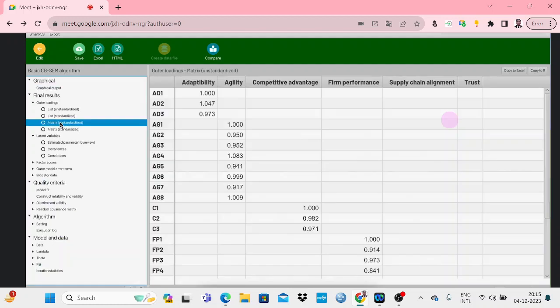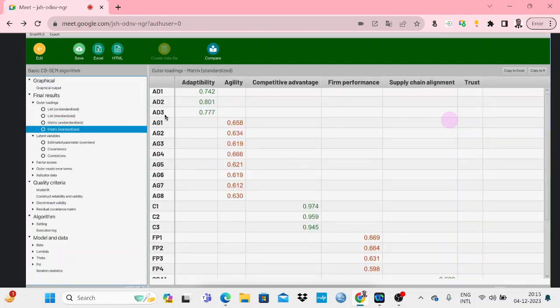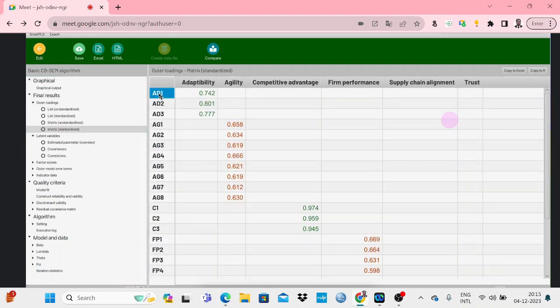So these are our factor loadings. What these factor loadings indicate is how much this indicator alone contributes to explaining this construct of adaptability. For example, adaptability has three indicators. How much do these indicators contribute towards explaining adaptability?